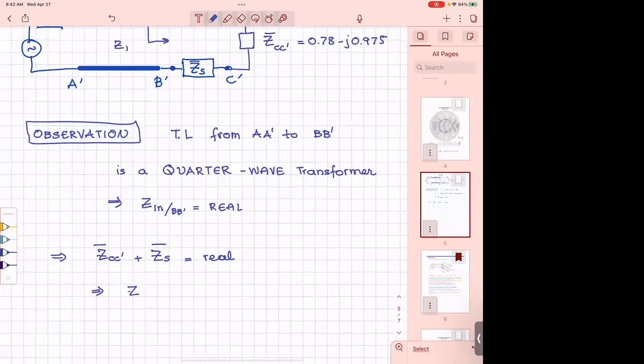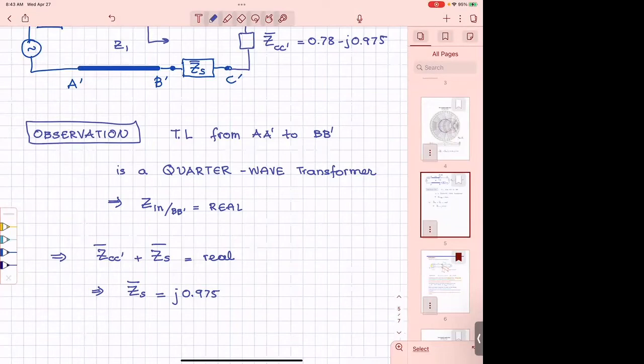That implies, first of all, that ZS, what do I know about ZS? Can ZS be real for a stub? No. As we know, ZS is imaginary. Therefore, we want ZS to be equal to J0.975, because this way, if ZS normalized is J0.975, then the sum of the two becomes real, 0.78.